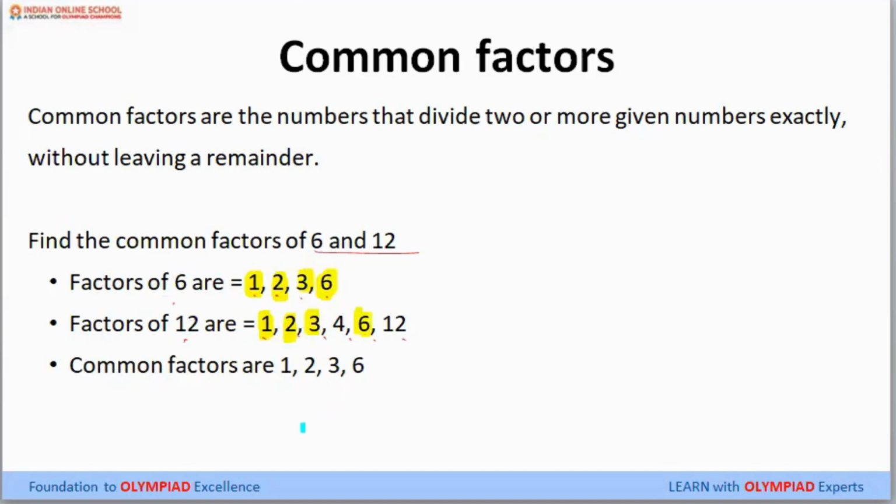Out of this, which one is the highest? 6. So what will be the HCF? 6. Understood how to figure out the HCF?